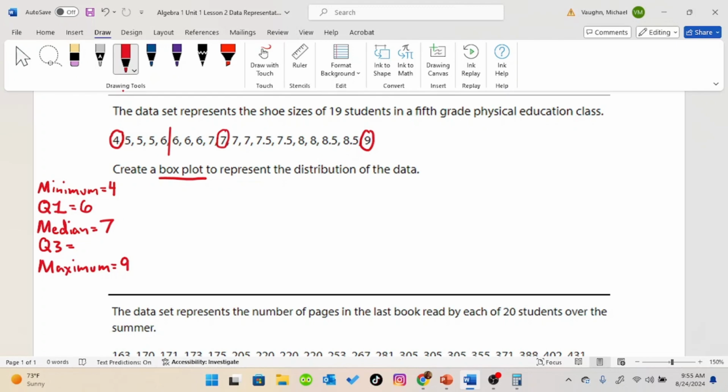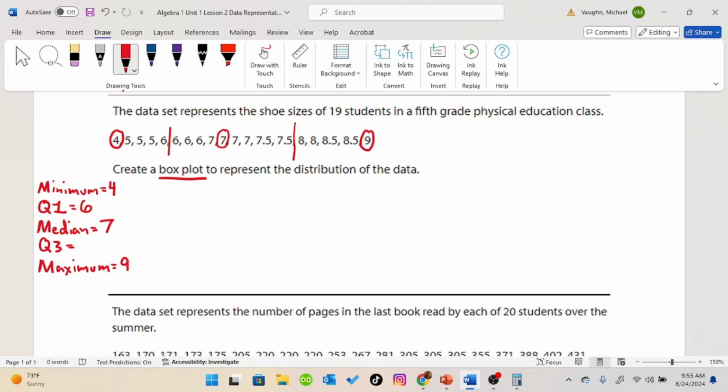Now to find Q3, we do the same thing on the right. There are 8 numbers between 7 and 9. So 1, 2, 3, 4. If we draw the line here, there are 4 numbers to the left. There are 4 numbers to the right.